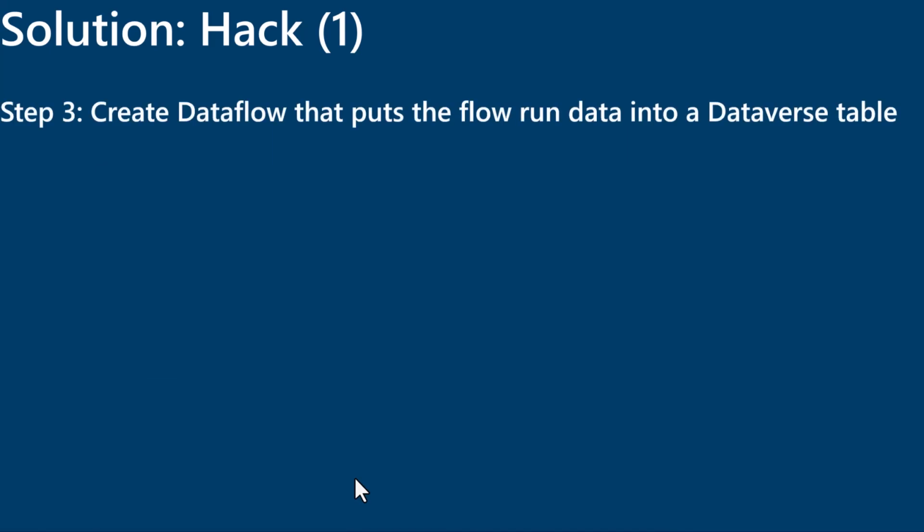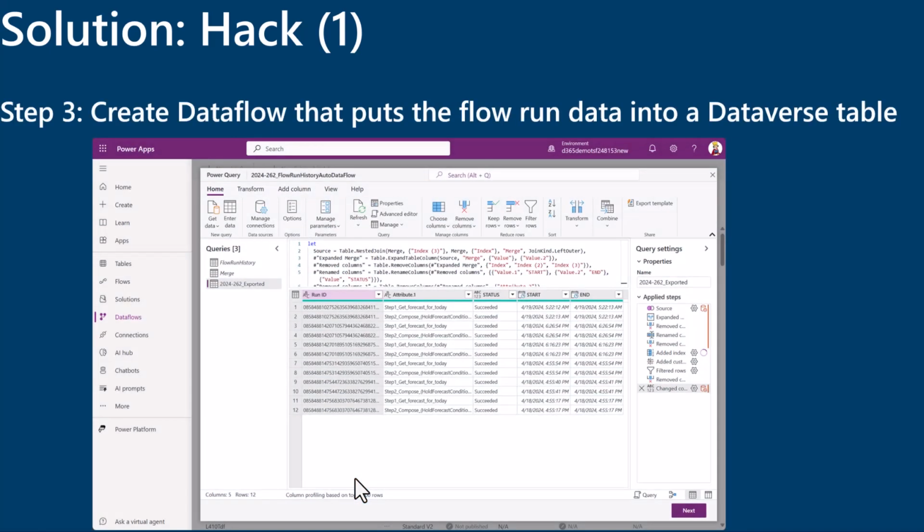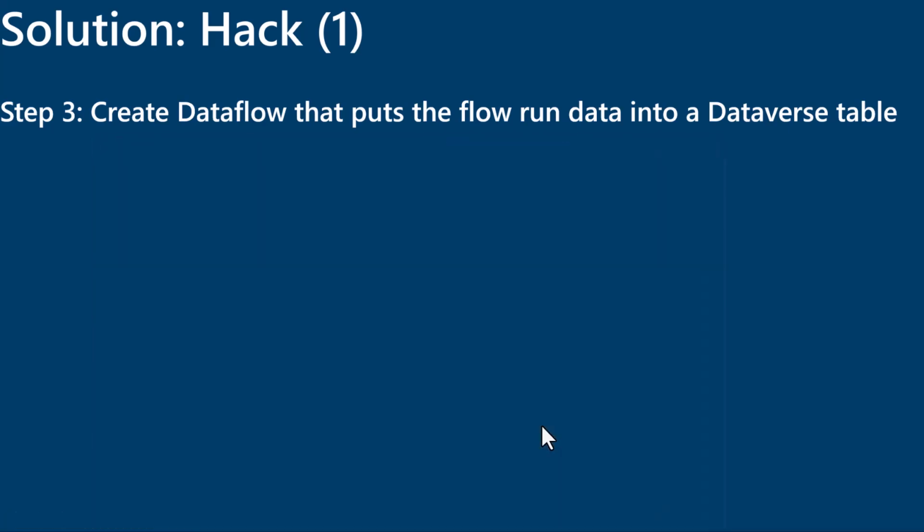But now, once I have that, I created a new data flow. Why? Because I have the file with the flow runs on OneDrive. I manipulate the data, so basically I sort it, filter it, resort it, switch columns and rows until I get this nice file that I can then use for process mining.